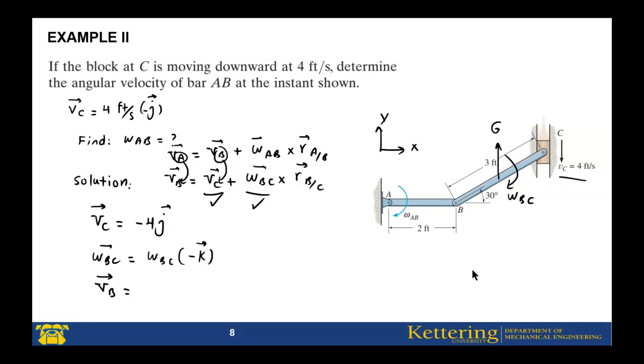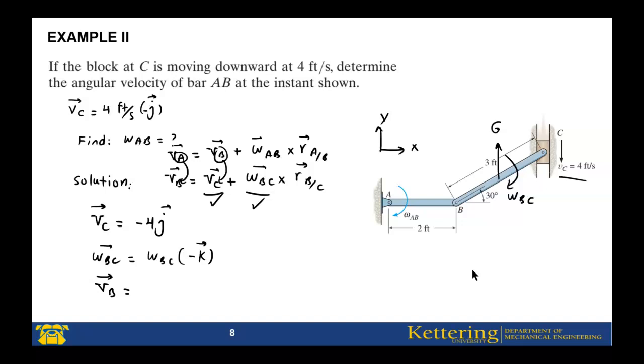Is it correct? That means in the minus j direction, right? Do you agree? Yes, everybody. Look, this is like going down. At this point, this is the velocity. It's downward. The velocity of B is downward. This is one trick. For example, here, this is downward. I can write this is minus j.